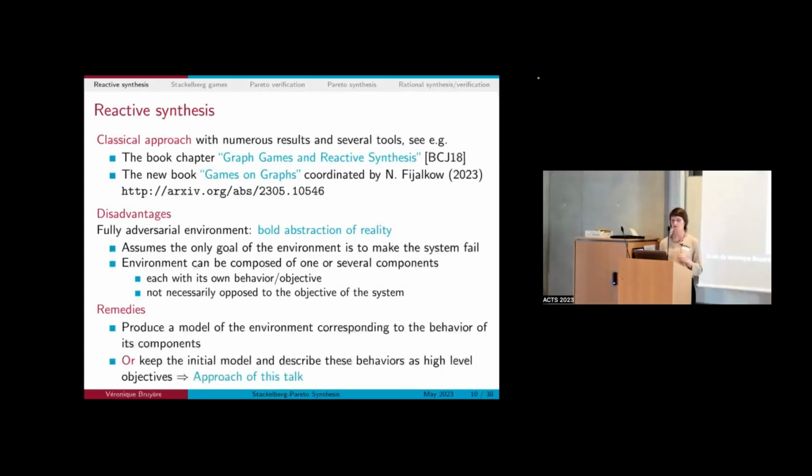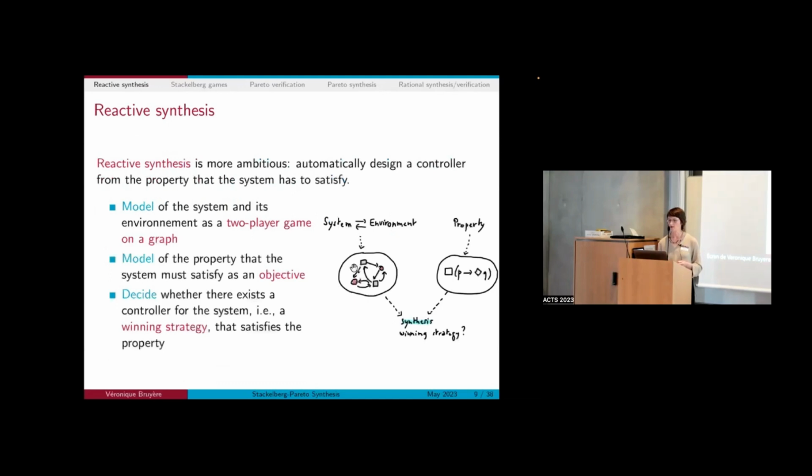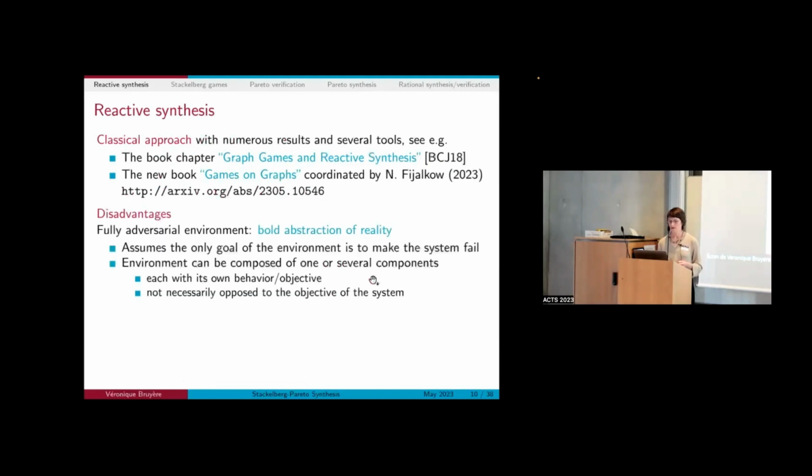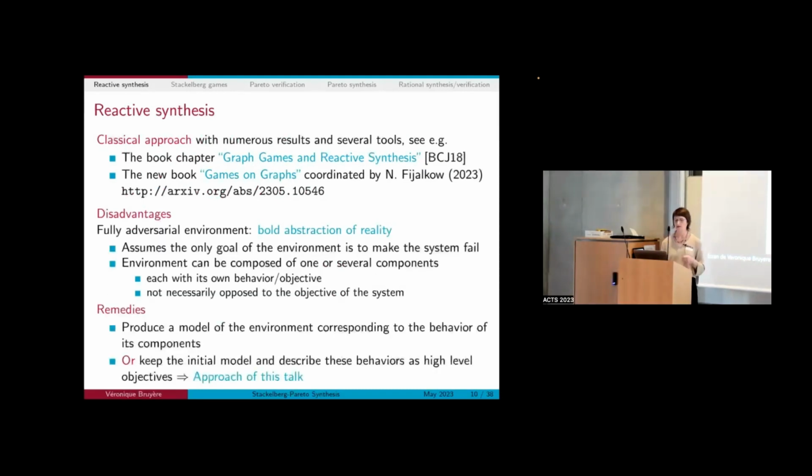Maybe you could try to have a precise model of the environment, taking into account its objective. In my talk, I will follow another approach. We'll keep the initial model, and we will describe the behavior of the environment as objectives on this directed graph.